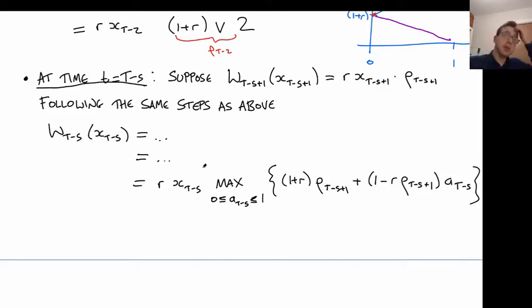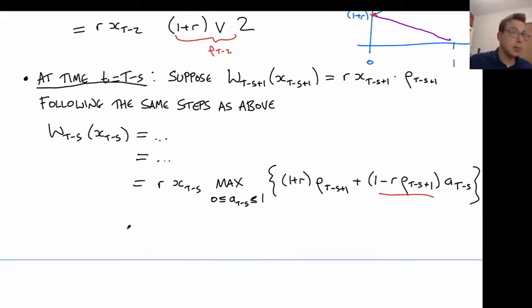That's what we get by doing exactly the same steps as previously. Once again, it's linear in a. Depending on whether this term is positive or negative, we decide either to not consume or consume. If it's negative, it's better to do a equals 0. If it's positive, it's better to do a equals 1 and consume everything.